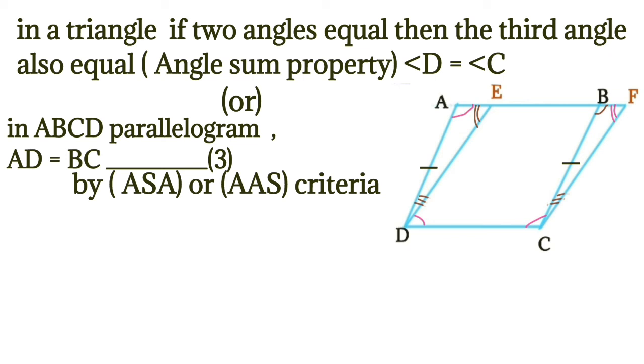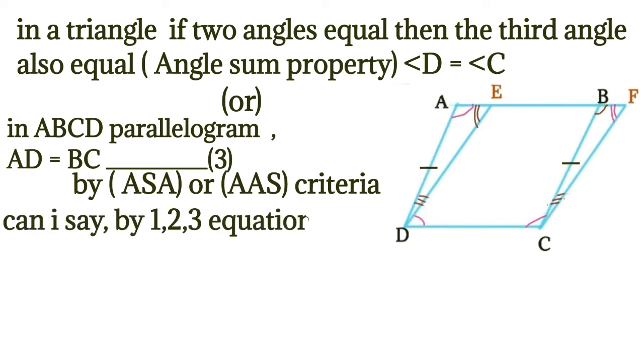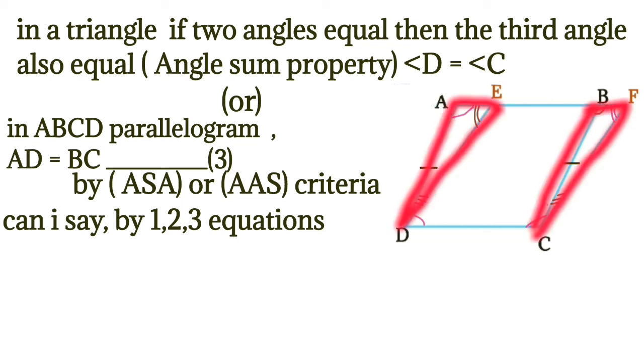Because we got the third angle also equal by angle sum property, we can use the angle-side-angle criterion also in both the triangles. So here we showed one side and three angles equal by ASA or AAS criteria. We can say two triangles are congruent.